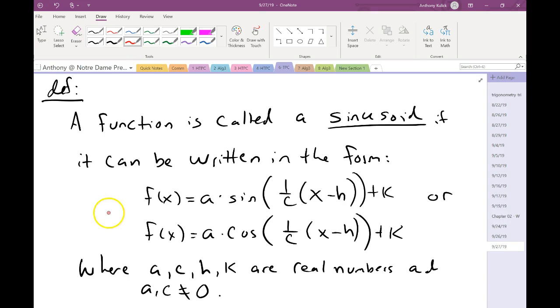So if you notice here, these two equations that we wrote down look almost identical to the transformation equations that we talked about in Chapter 1.